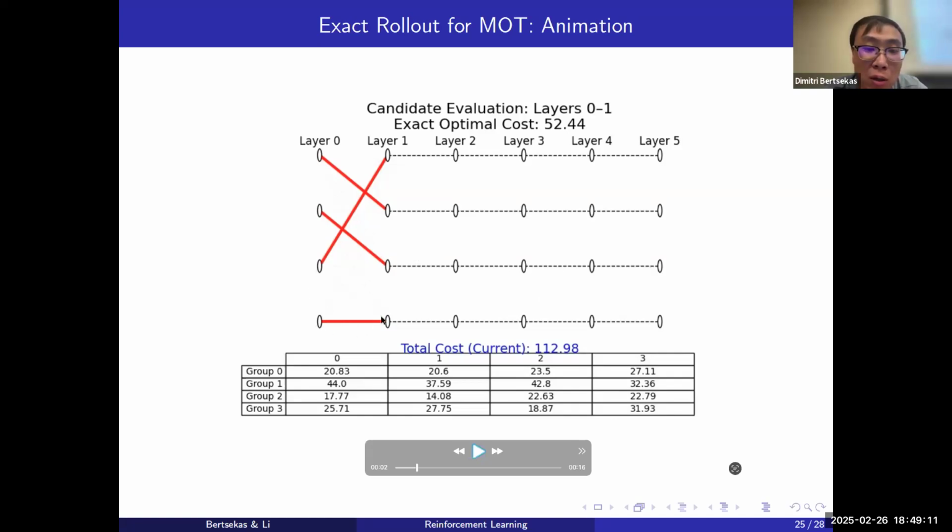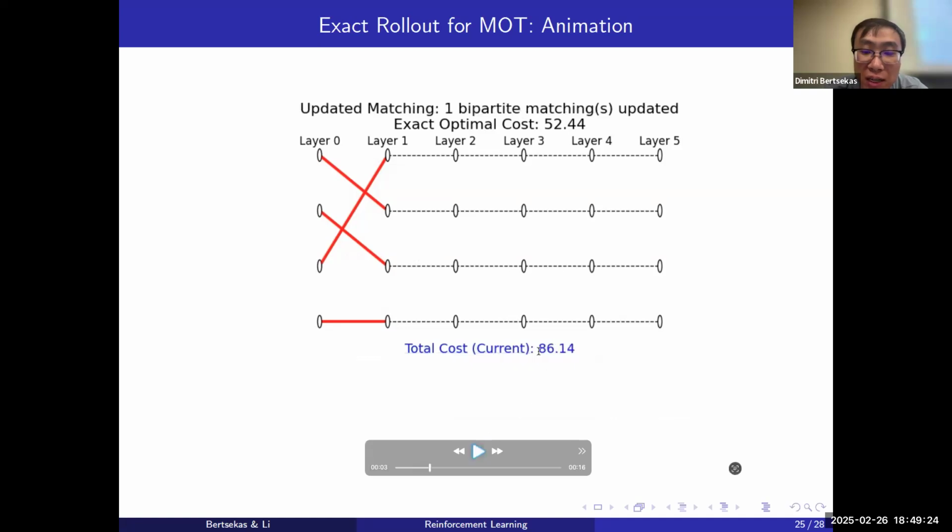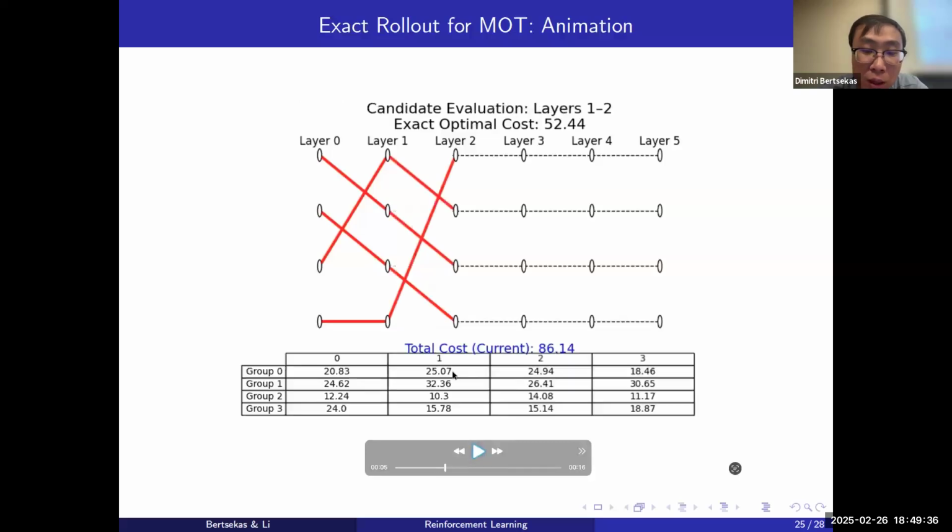Therefore, we have a two-dimensional assignment problem that can be solved very efficiently. Starting from the base policy cost 112, we get a cost that is 86. So after updating this frame, we get a cost that is smaller than the cost of the base policy. Then we repeat the procedure.